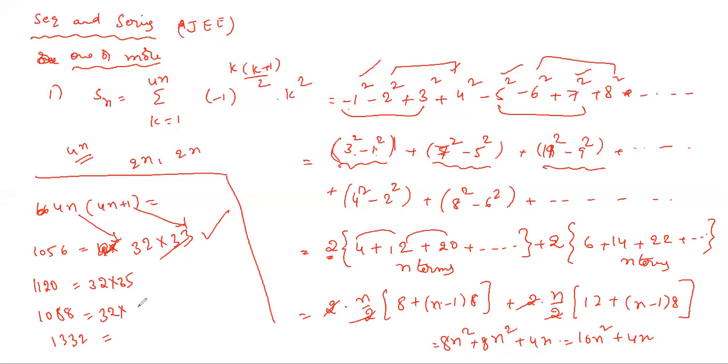Whatever this 1088 into 32, 32 into 34, 1332, 36, 37. So possibilities are 1056, 32, 33 possible; 32, 35 not possible; 32, 34 not possible. So 1332 possible. So 4n plus 1, 4n. So first 1056 and 1332.